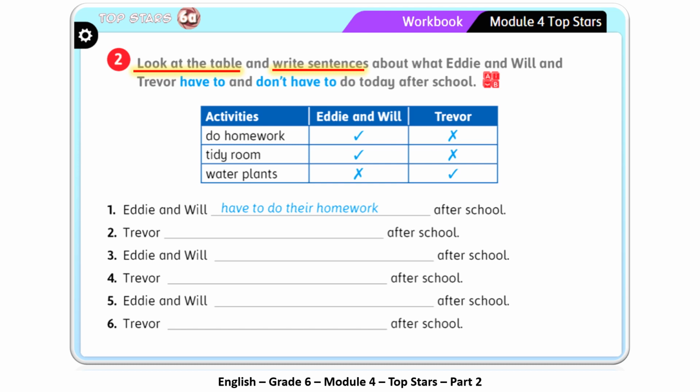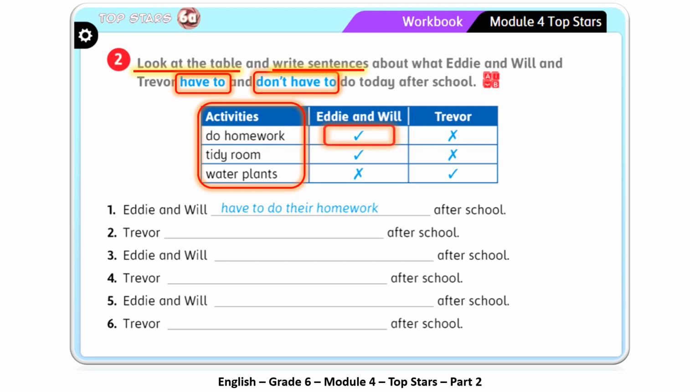Look at the table and write sentences about what Eddie and Will and Trevor have to and don't have to do after school. If we look at the table, you will find in the first column the activities that we're going to write about. Do homework, tidy room, water plants.